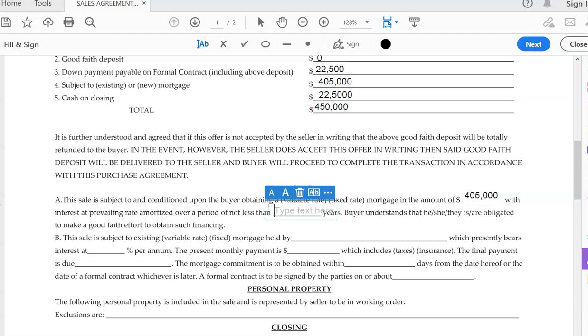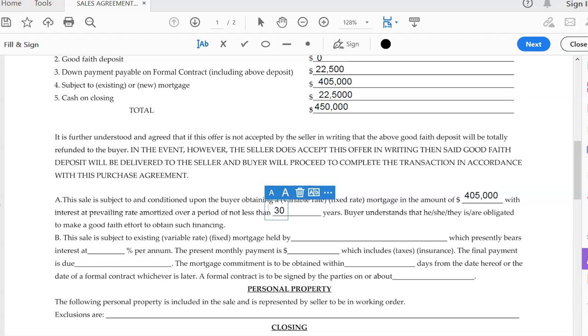But for the purposes of this illustration, we'll go with a 30-year mortgage. Buyer understands that he or she, they, are obligated to make good faith efforts to obtain such financing.